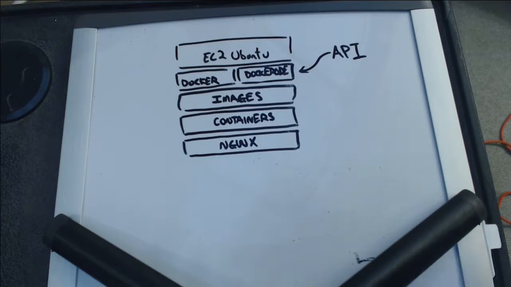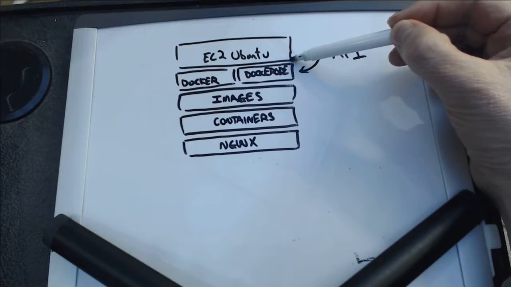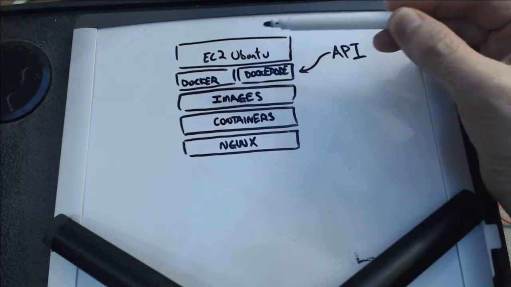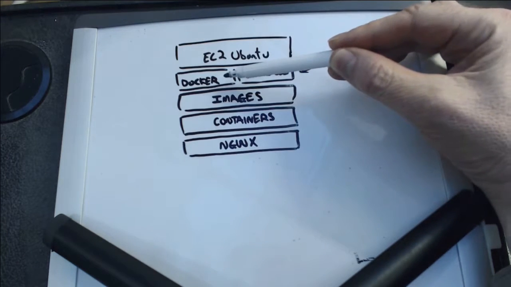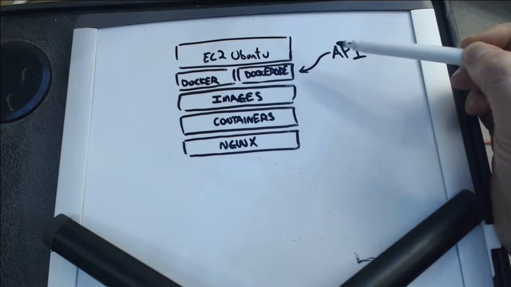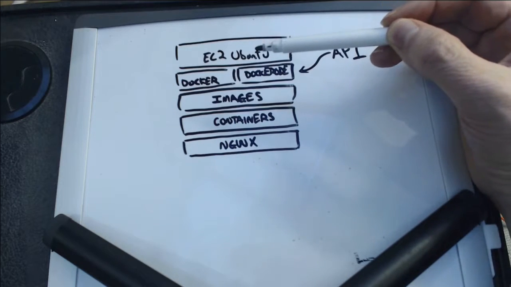Okay, so here's how it works. Basically, I have an Amazon EC2 server with Ubuntu installed. And on this, I'm running Docker, along with a service called Docker Road that provides an API to Docker. Well, what is Docker? What does it let us do?